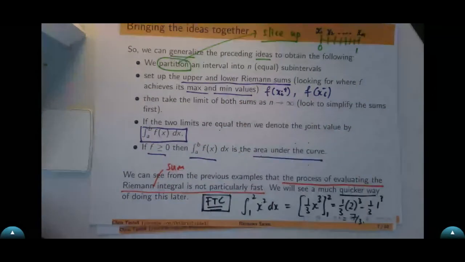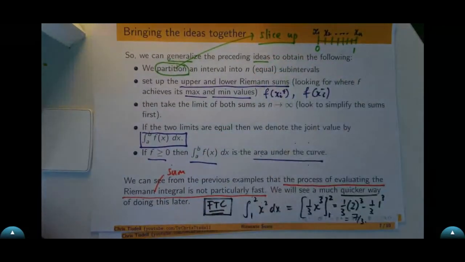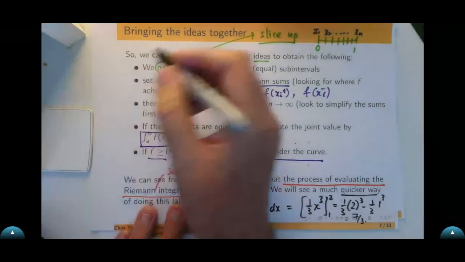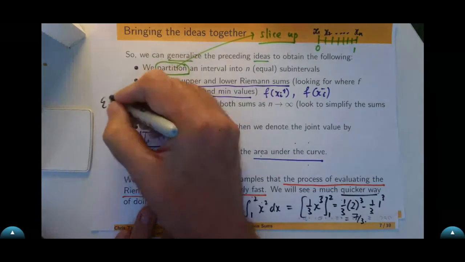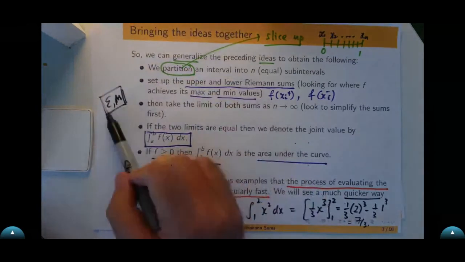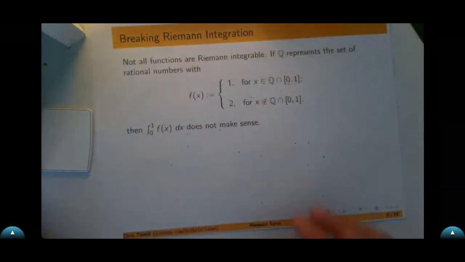This is just letting you know where the ideas come from and how they're formally and historically used, similar to the epsilon-N thing that we did with limits. You wouldn't use this for everyday limit evaluation, but it's helpful to know that there's some structure there.